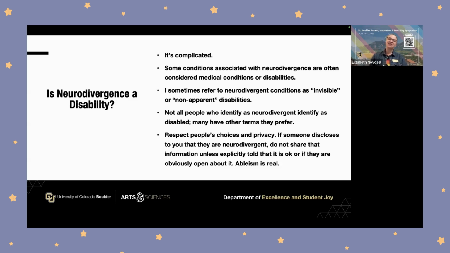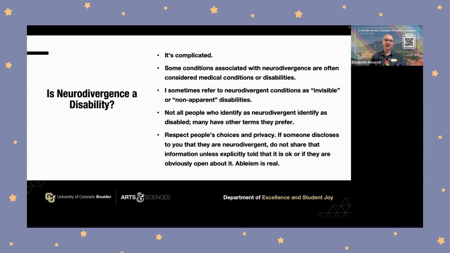I also tend to use identity-first language, which some of our presenters this week have talked about. So I will say something like a neurodivergent person, a disabled person, or an autistic person rather than a person with disabilities. It resonates better for me and my identity and for a lot of the people I work with who identify as either autistic or neurodivergent. So that's what I use.